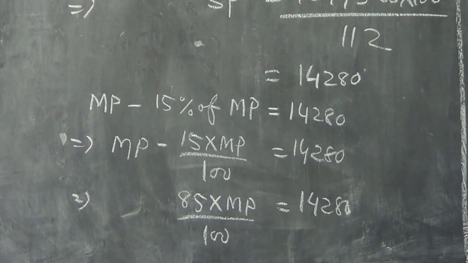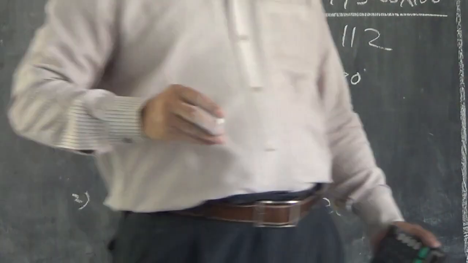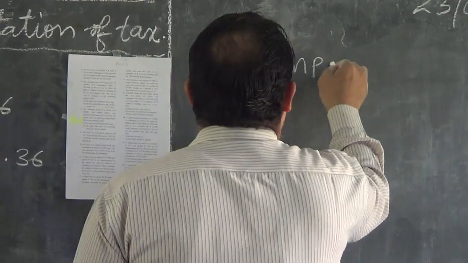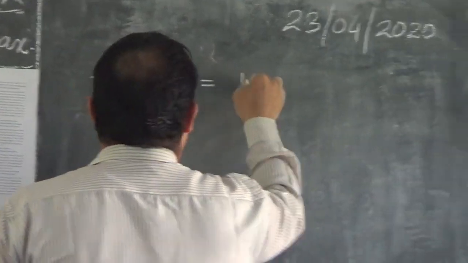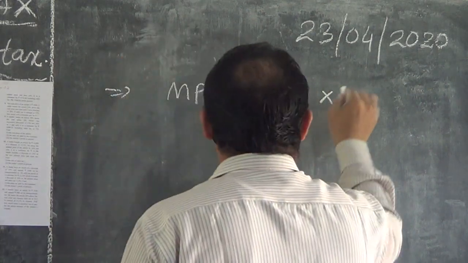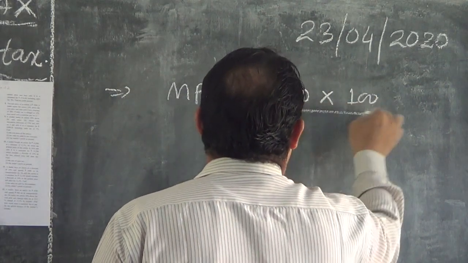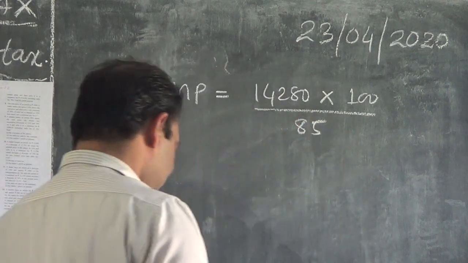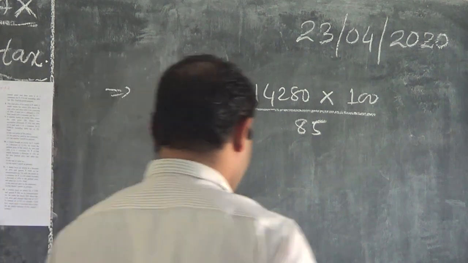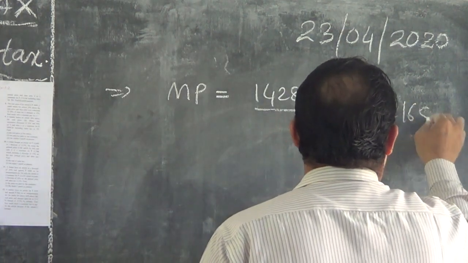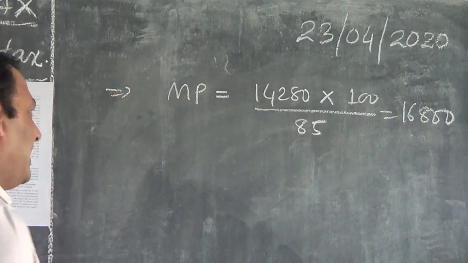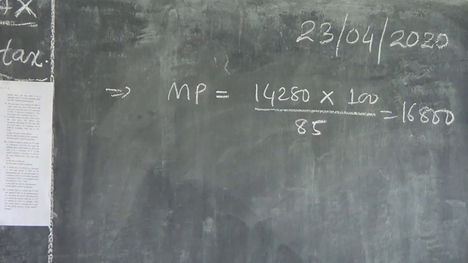So here we can write, children, that MP equals 14280 into 100 divided by 85, and that will give 16,800 rupees. 16,800 rupees mark price. Now we will see what the question is asking.